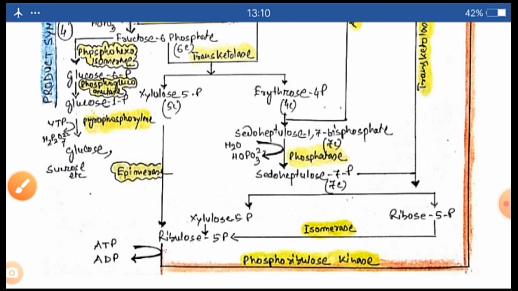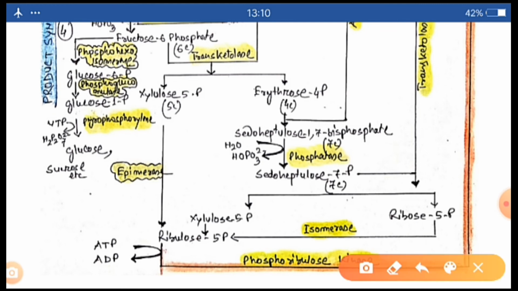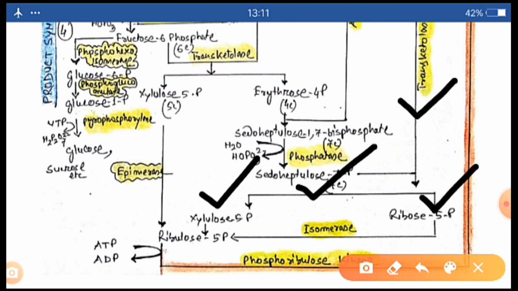Hence, again this 7-carbon product will react with 3-PGALD in the presence of the enzyme transketolase. As a result of that, 2 5-carbon products are formed. One is xylulose 5-phosphate, another one is ribose 5-phosphate.